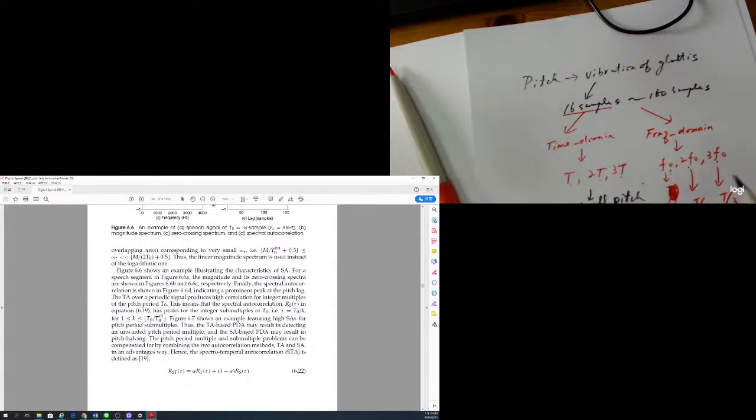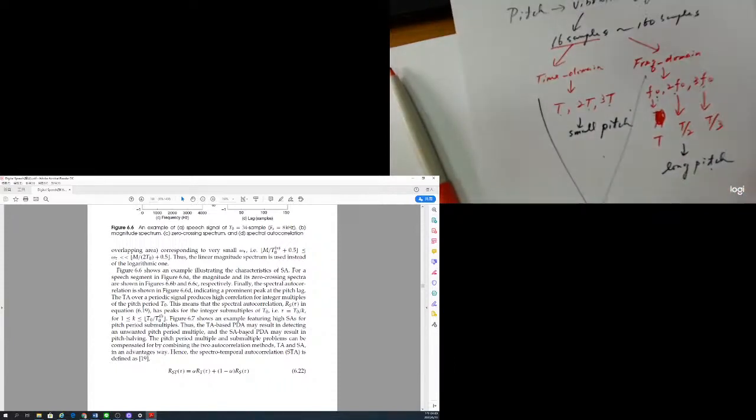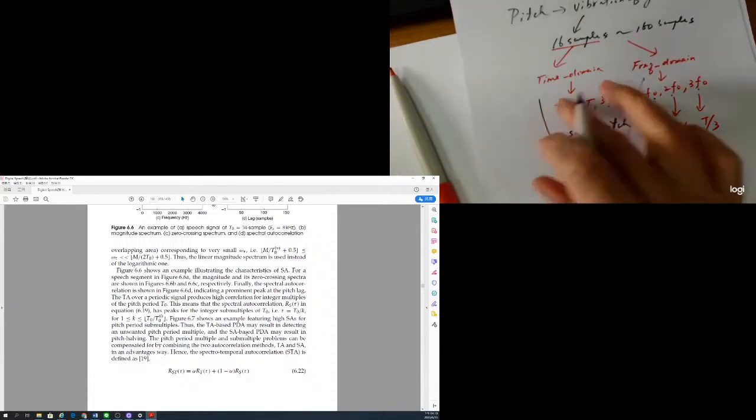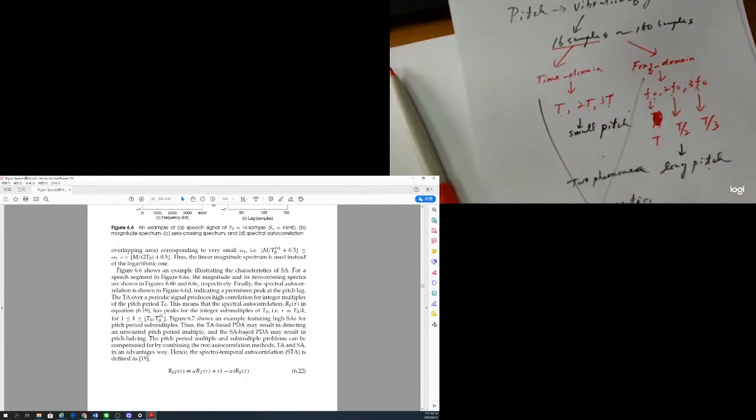So you can see these two, this kind of two phenomena. It looks like they are a little bit of compensation. They can compensate each other to make our pitch prediction more reliable.